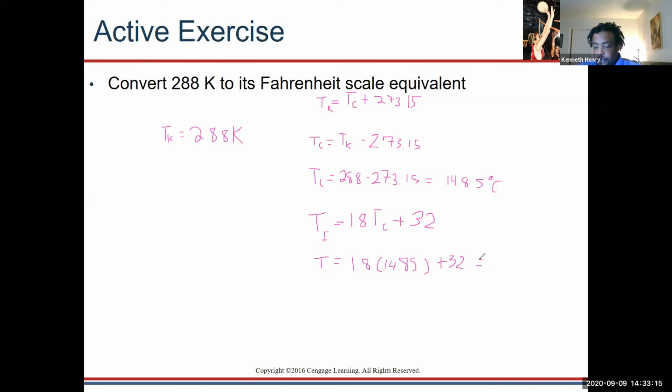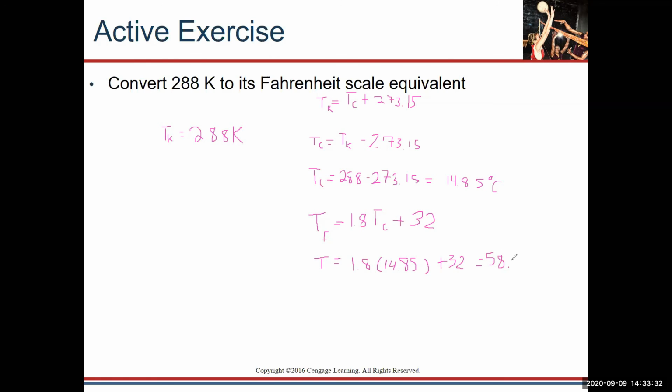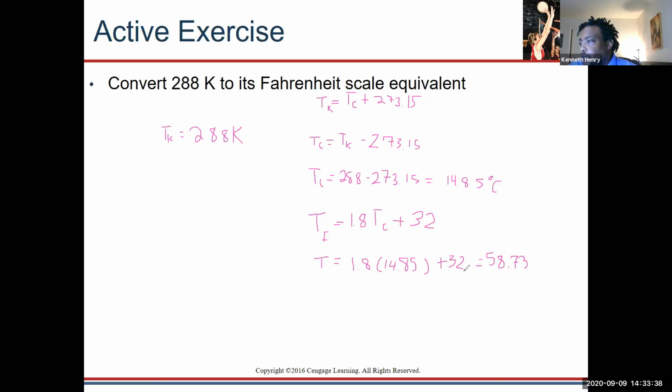And then I get 58.73. If I round to 2 sig figs, I'll get 59 degrees Fahrenheit. Piece of cake? Yes. Excellent.